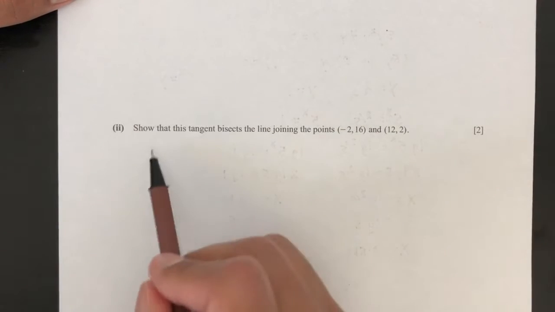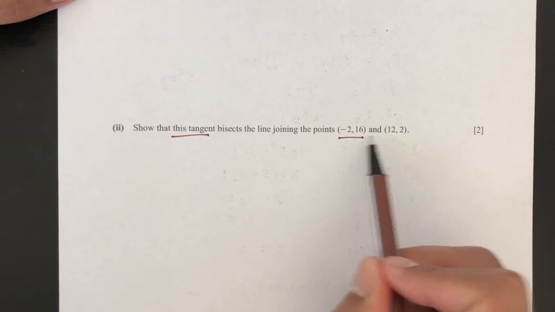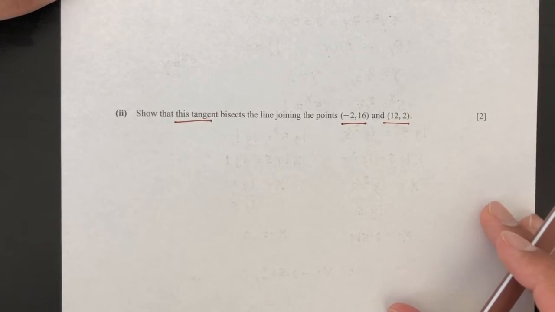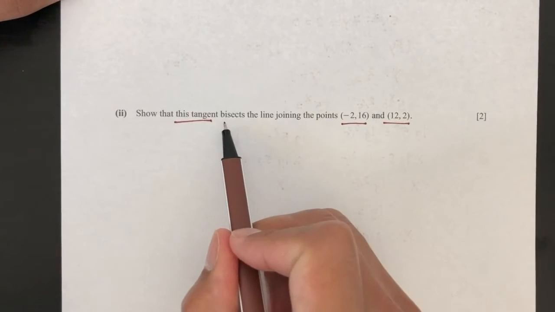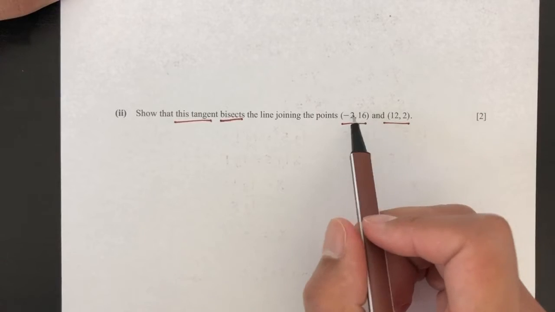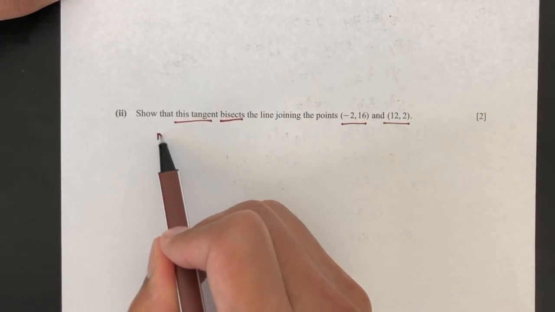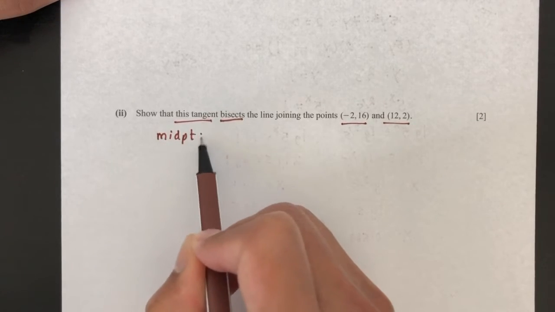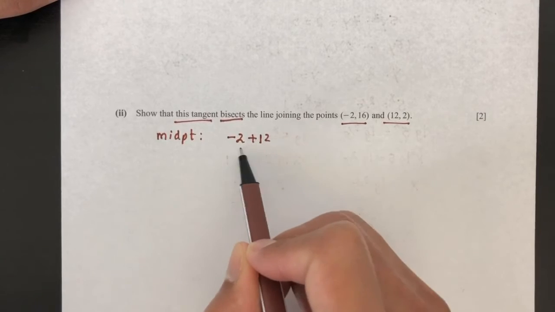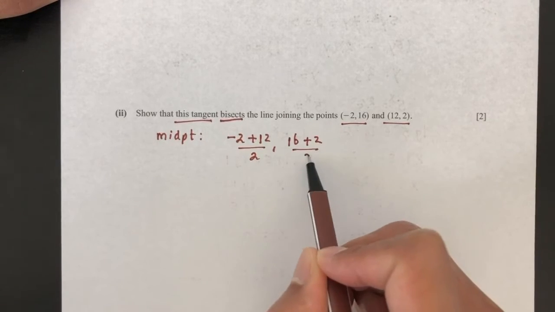Now part 2, show that this tangent bisects the line joining this and this point. So let's first find the equation of line. Let's see what happens, right? So bisects means it passes through the midpoint of the line. So let's find the midpoint then. What is the midpoint of these 2 points? That will be minus 2 plus 12 divided by 2, 16 plus 2 divided by 2.